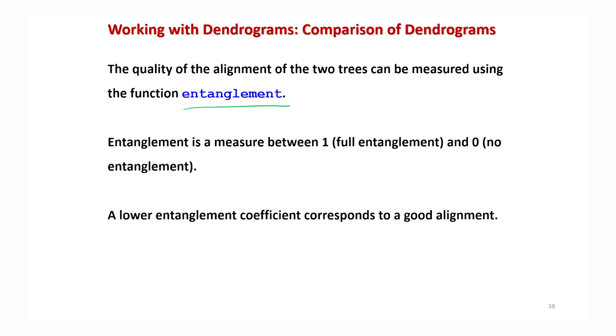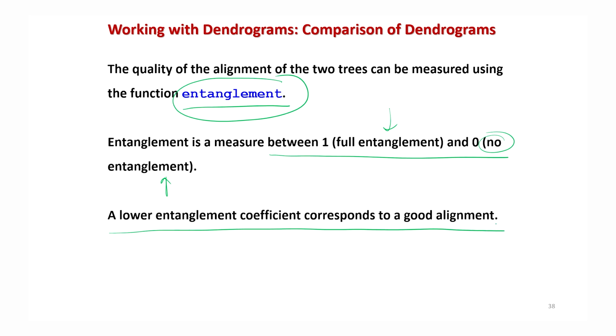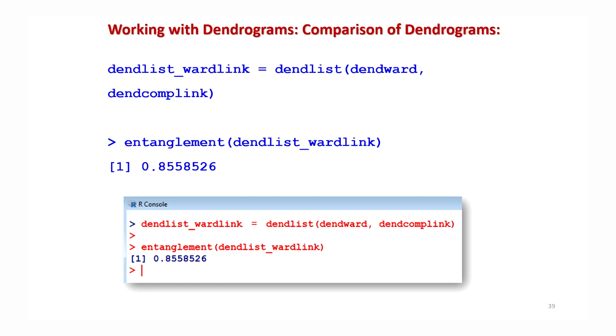For that we use the function entanglement, which is a measure between 1 and 0. If the value is 1, that means there is full entanglement, and if the value is 0, there is no entanglement. So a lower entanglement coefficient corresponds to a good alignment. Right, this is how we do it.